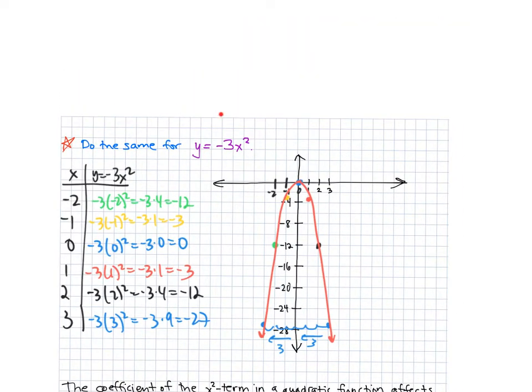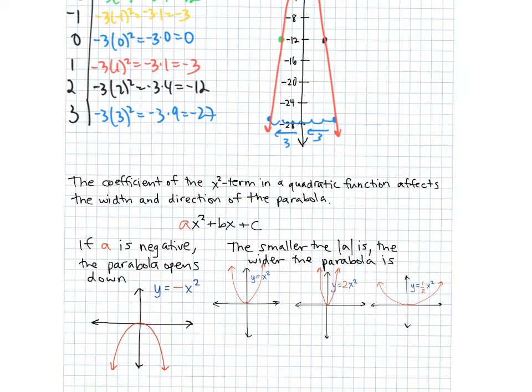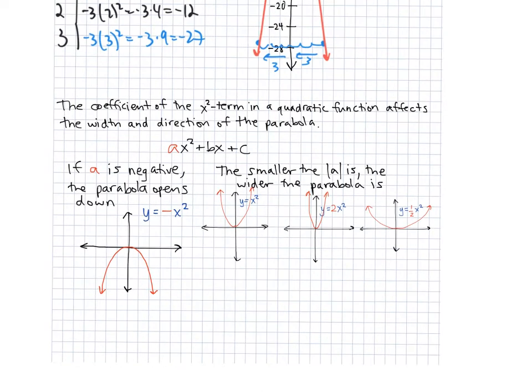My a here was -3, so it's down, it's a frown with a maximum. And then the a also affects the width. So you have to just look at the absolute value of a. The negative or the positive sign just gives it up or down, but the magnitude or the absolute value of a is going to say if it's wider or more narrow.